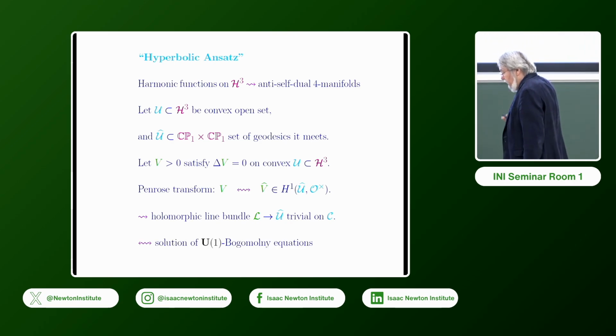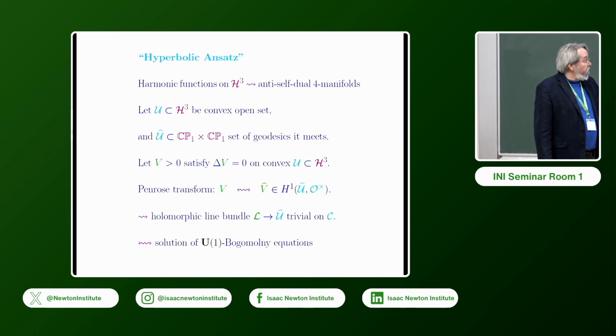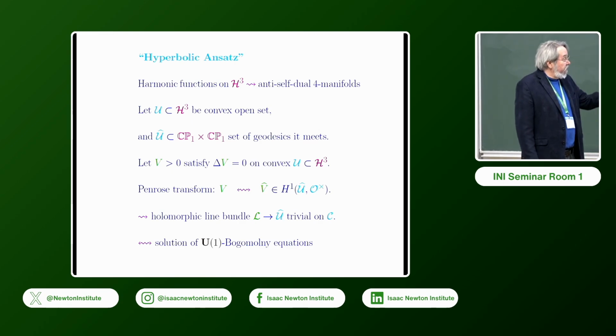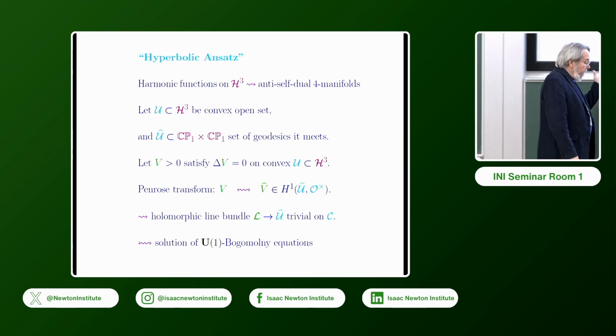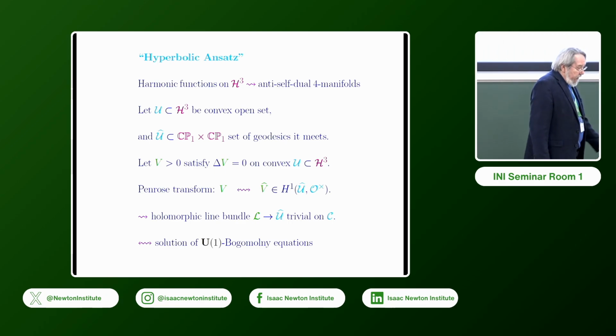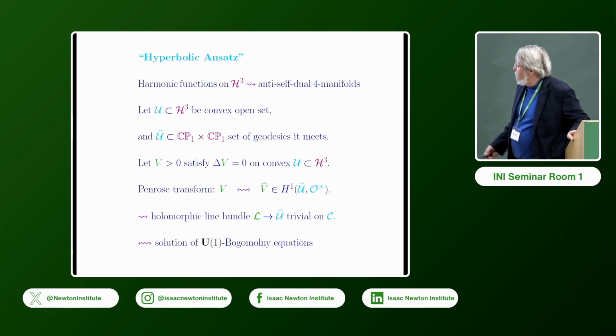Now, this puts us in the realm where, I've said right now that there's a version of the Penrose transform which would give you this translation of harmonic functions into cohomology classes and then into holomorphic line bundles. But a more geometrical way of understanding what's going on is to think of these harmonic functions as actually determining solutions of the U(1) Bogomolny equations.